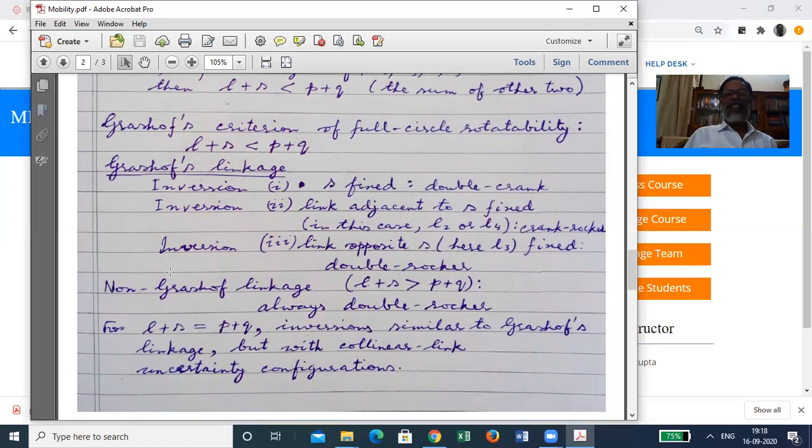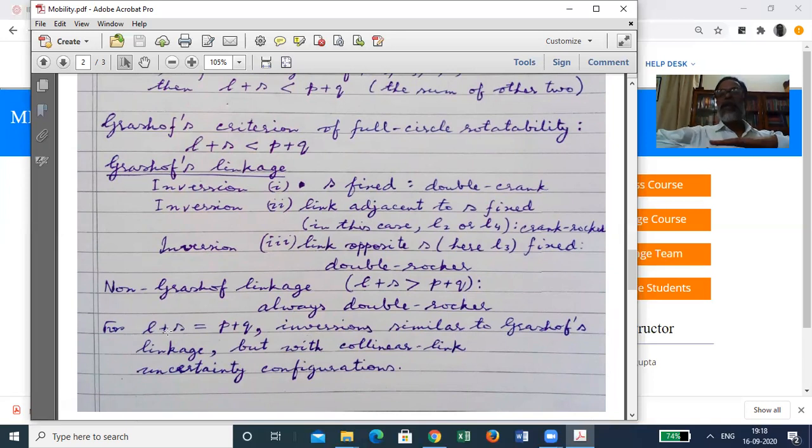Because if pairwise they give you equal sums, then there will be some configuration in which the longest and shortest will be along one line, and in that configuration, the other two also will be forced to be along the same line because they are actually trying to close the triangle.